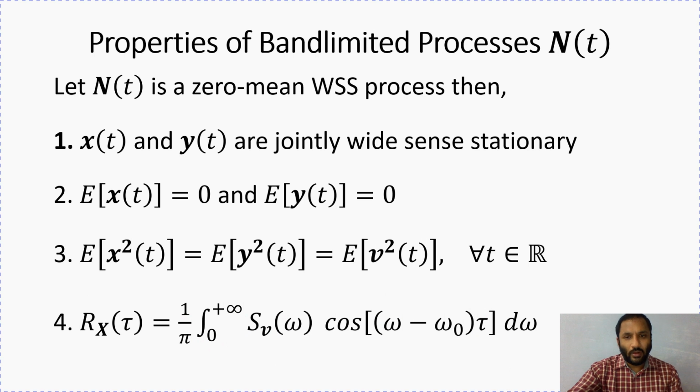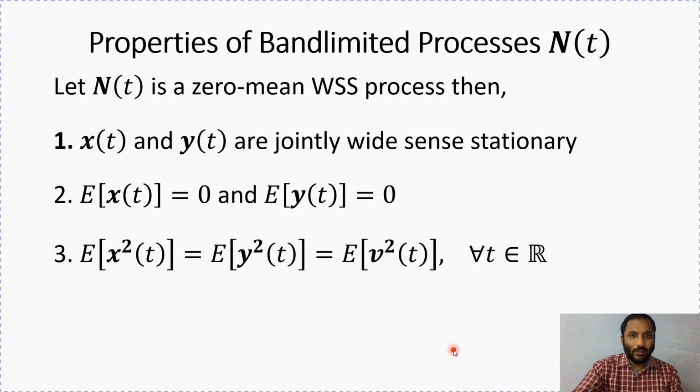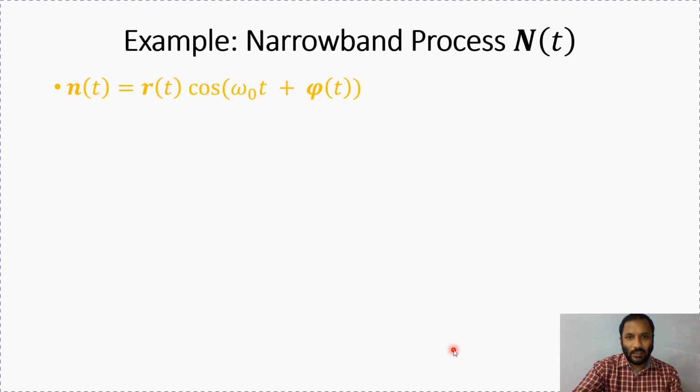Now the proof of this, if there is sufficient time, I will also discuss in the next lecture. These are quite simple, but for now you can remember this, that what this means is that the power density spectrum is an even function with respect to omega naught.